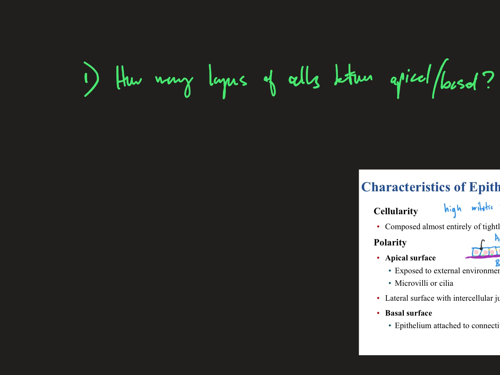If the answer is 1, if it's equal to 1, what type of epithelium is that? Simple. Don't be afraid, we're all friends here. Let's speak up. If it's greater than 1, it's what? Stratified.